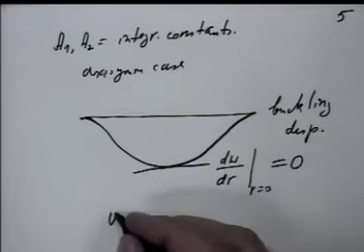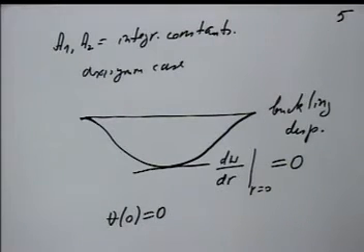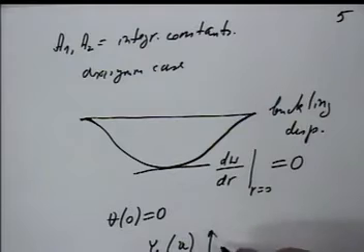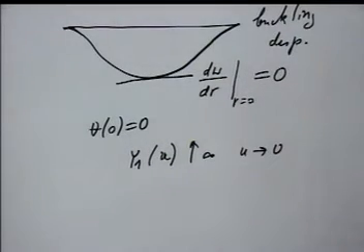So that means that theta at 0 equals 0. But Y1 of u takes infinite value at 0. Okay, u, if you remember, is alpha r.